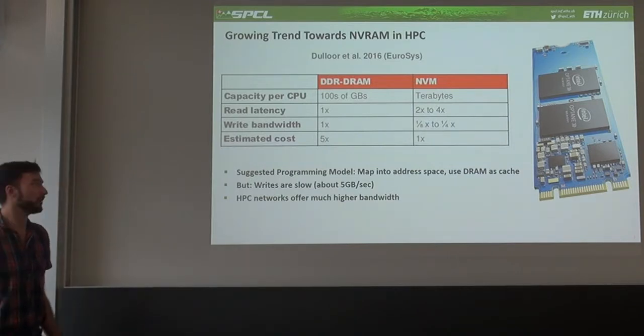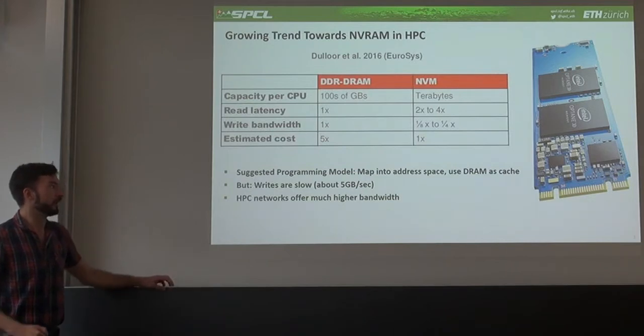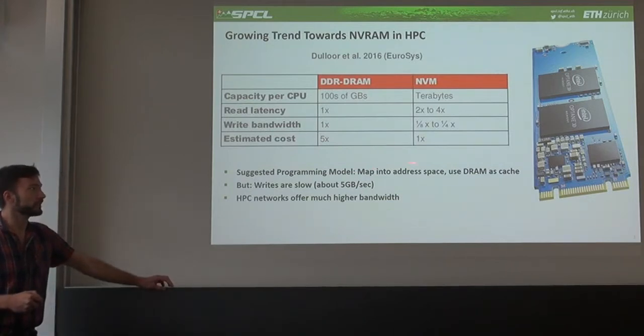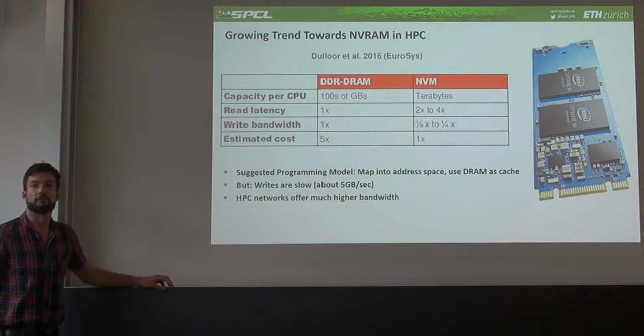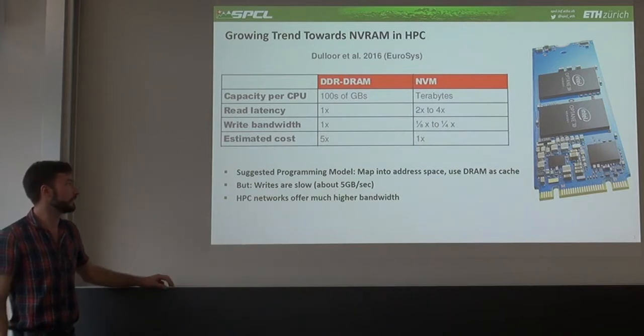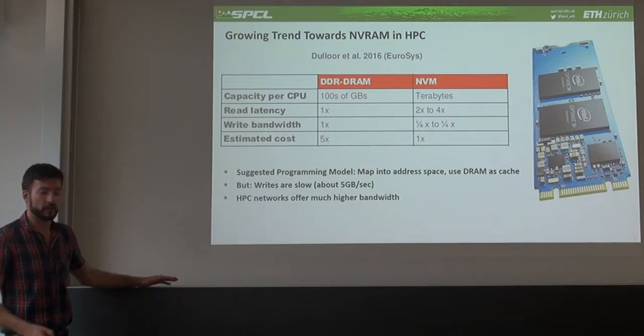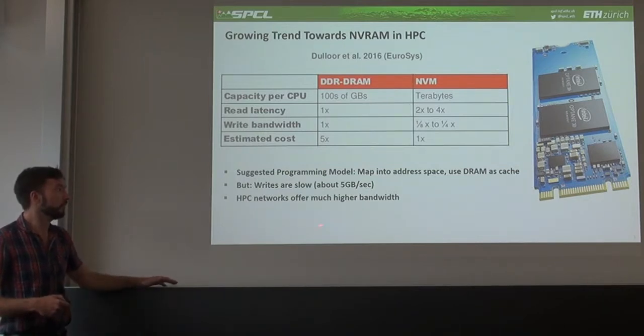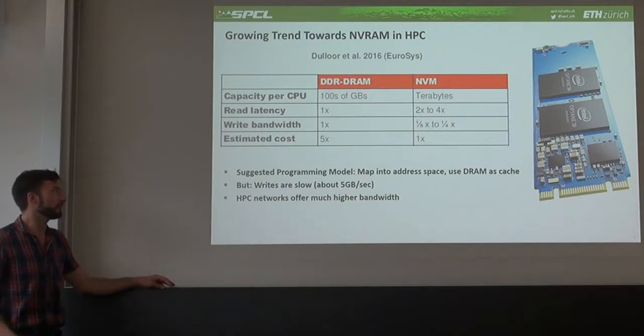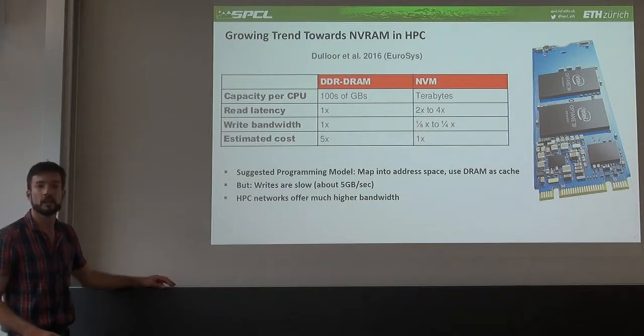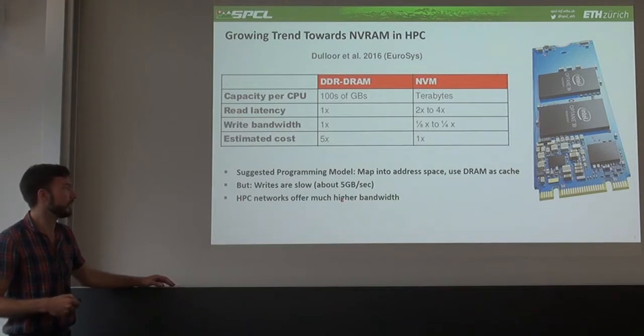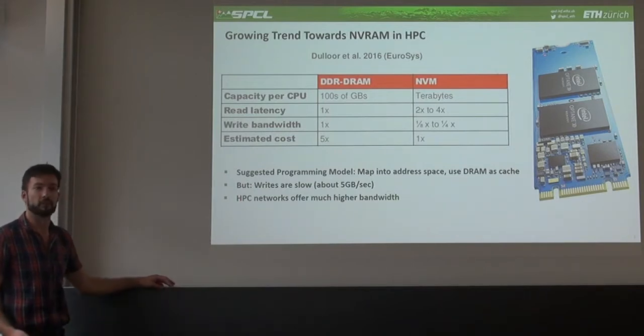The suggested programming model in published papers for NVM is to just map it into the address space and maybe use DRAM as a cache. However, since the writes to NVM are slow, for Intel Optane, for example, we get about 5 gigabytes per second write bandwidth. HPC networks will actually outperform this in bandwidth.